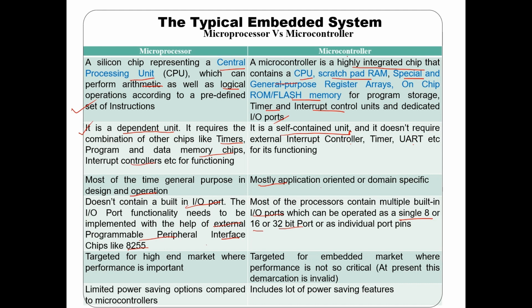Now the next difference: the microprocessor is targeted for the high-end market where performance is important, while the microcontroller is targeted for the embedded market where performance is not so critical. At present this demarcation is invalid. Right now, microcontrollers also require higher performance.